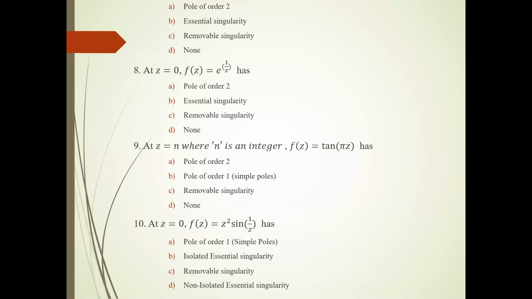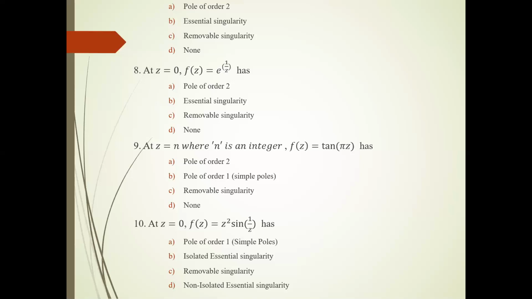Depending on that principal part, we can say which type of singularity the function has. If there is no term in the principal part of the given function, we say that at that point the given function has a removable singularity.